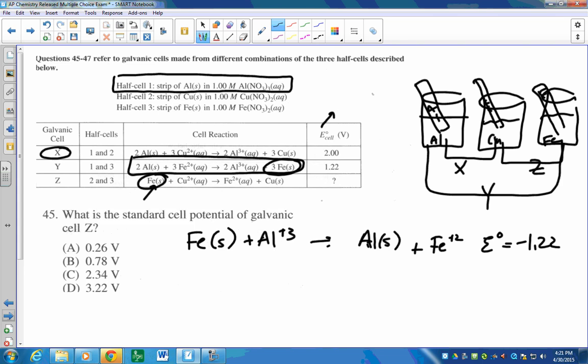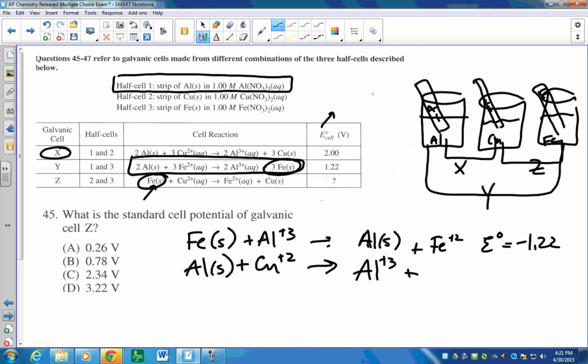And so it doesn't matter how much metal is inside the electrode. All that matters is the potential energy. Okay, now I need copper 2+ to be on this side, and it's already on this side. So I'm just going to take this top one and rewrite it, dropping the stoichiometry because it doesn't matter.